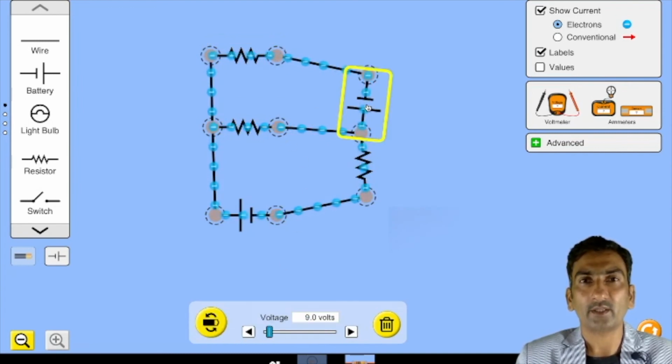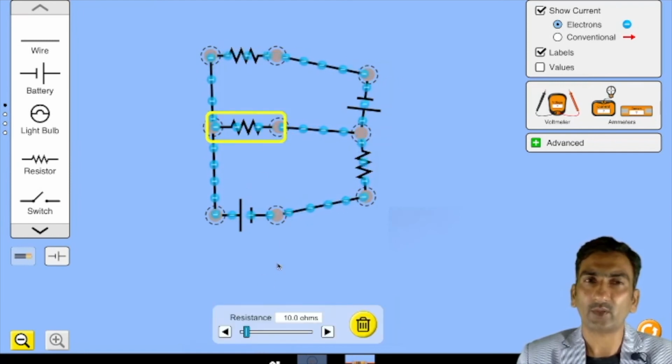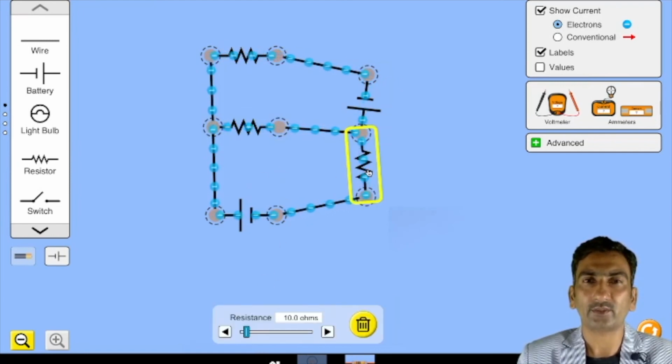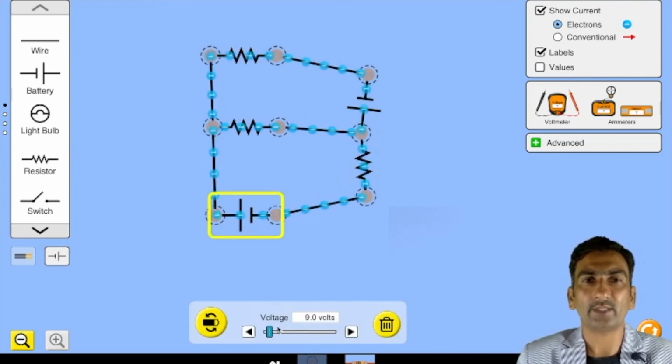This battery voltage is 12, and that resistance is 10 ohm. This resistance should be 20 ohm. Let's take this one as 20 ohm, and this battery voltage was 6 volt. If you check the circuit, it was a 6 volt battery.